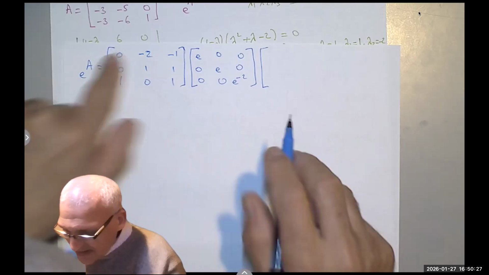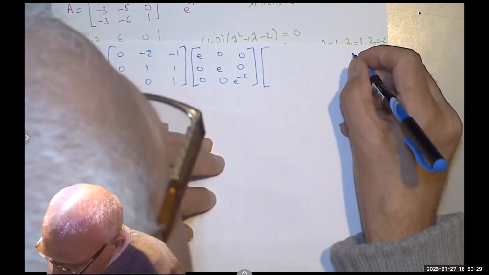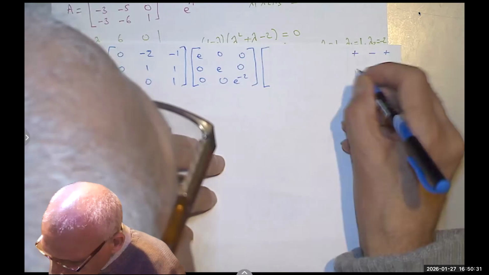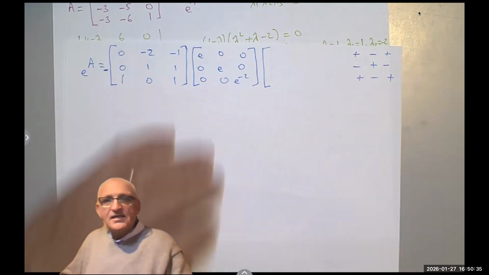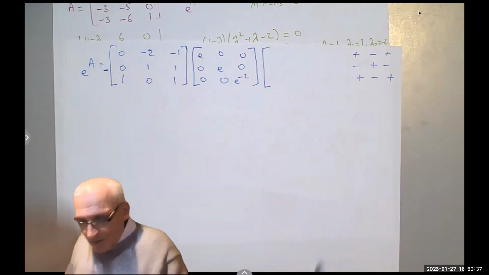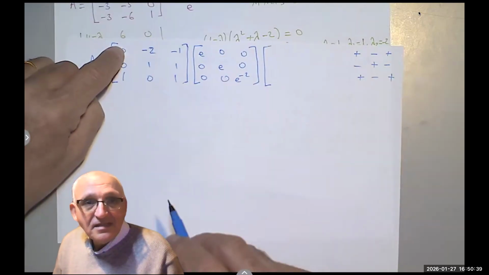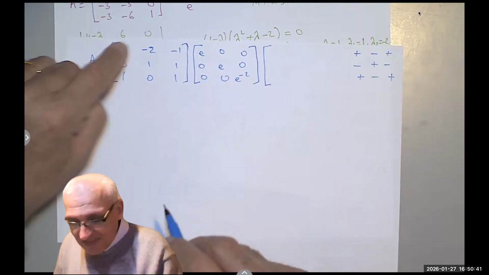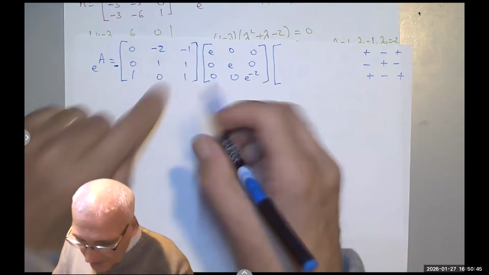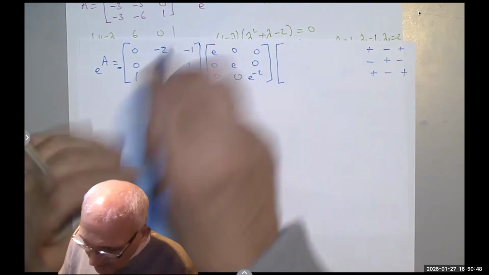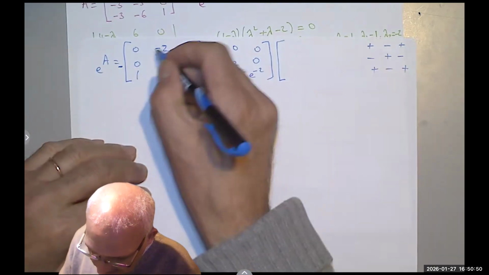The first thing you see, it's a 3 by 3, so you would do positive, negative, positive, negative, positive, negative, positive, negative. Once you find the minor of each of these entries, you are going to multiply the elements, this diamond.